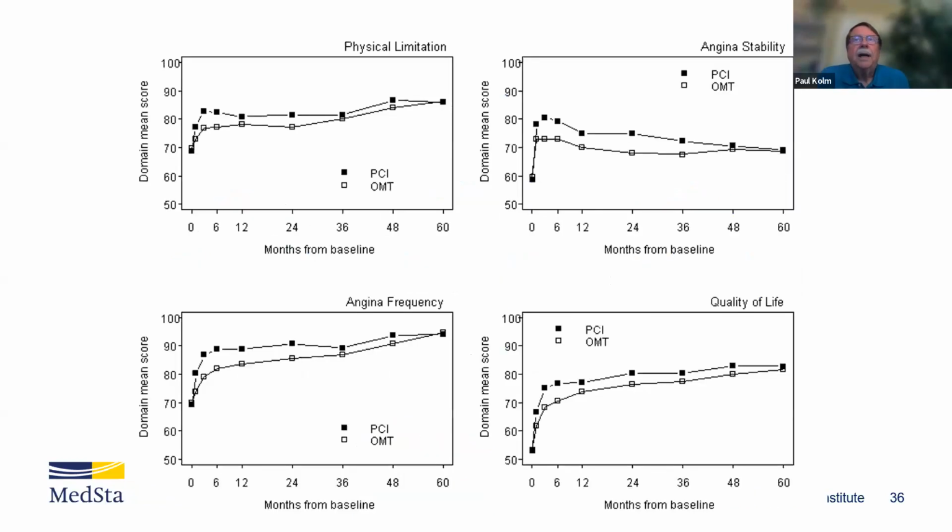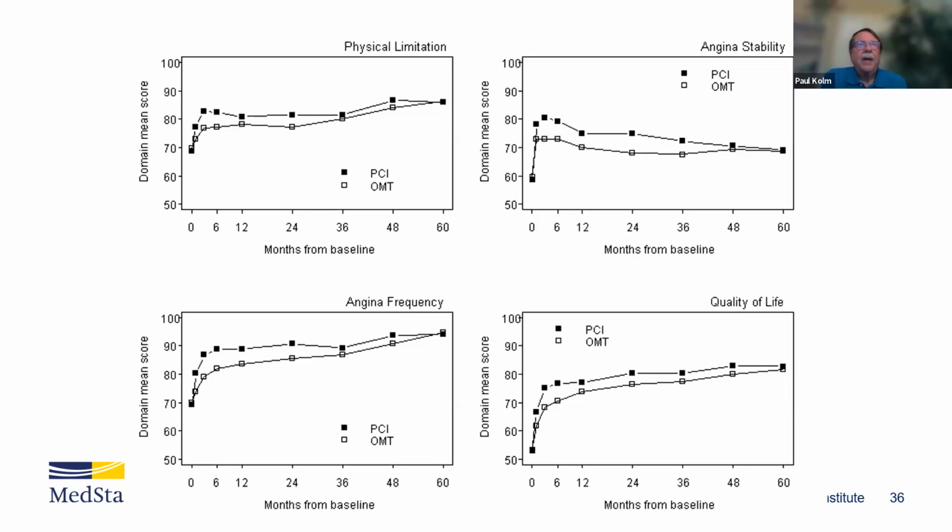And so just to show the results here in terms of plotting the mean values for different domains of the Seattle Angina Questionnaire: physical limitation, angina stability and frequency, and quality of life.